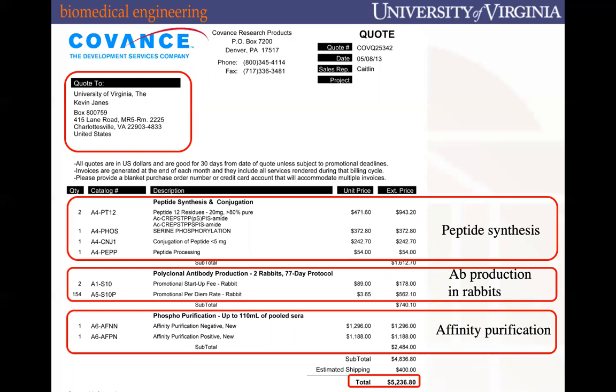B cells are fused with what's called a myeloma, basically cancerous B cells, to make a hybridoma. When they're fused together, you have the antibody production part of the B cell, and the cancerous part means it can keep living and keep proliferating.